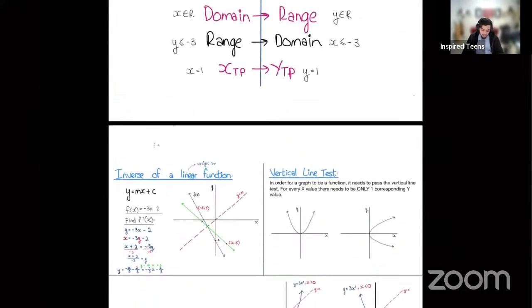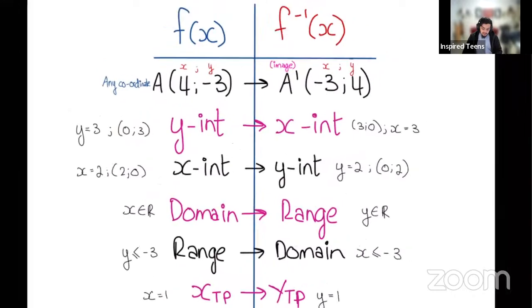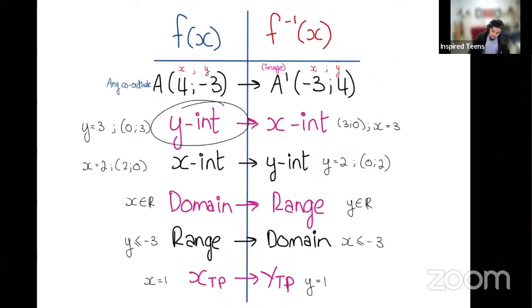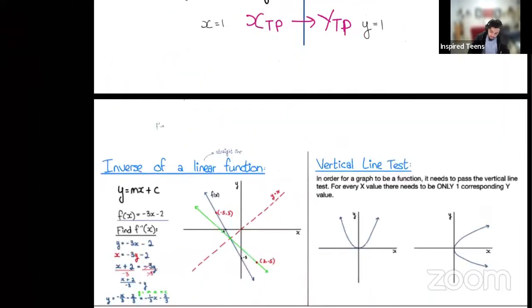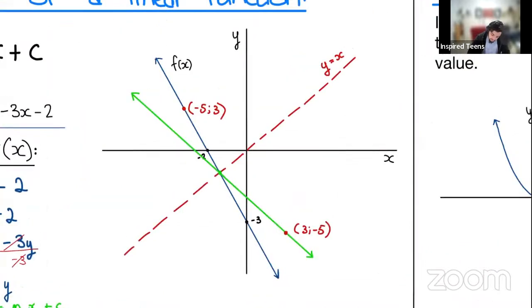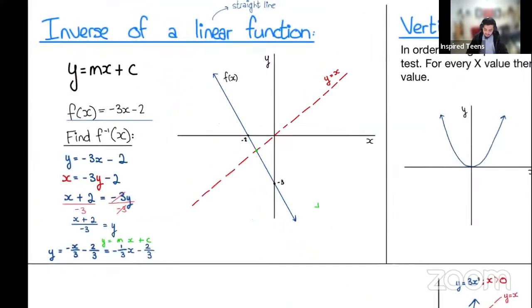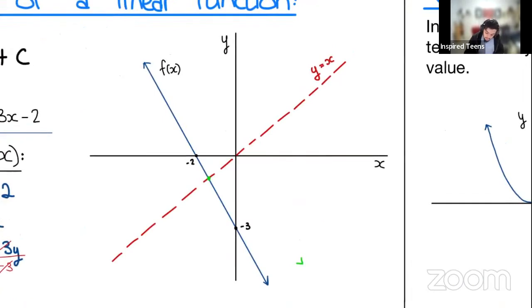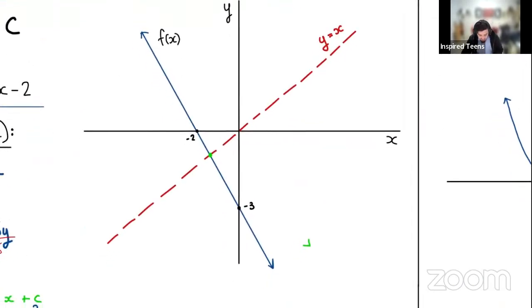Okay, let's move on. We said that there's an easier way to plot it. Remember, the y-intercept becomes the x-intercept and the x-intercept becomes the y-intercept, respectively. Let's see how we can now plot this graph using that information. Here we have that same linear function we're dealing with, and let's look at the x-intercept.